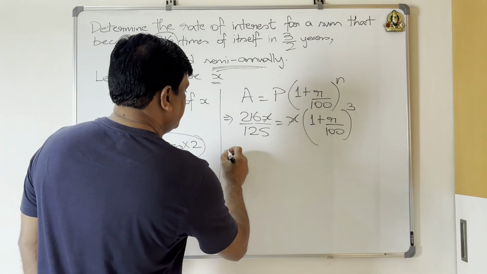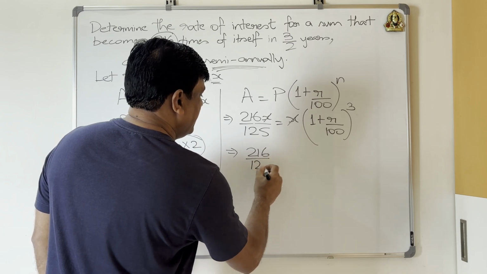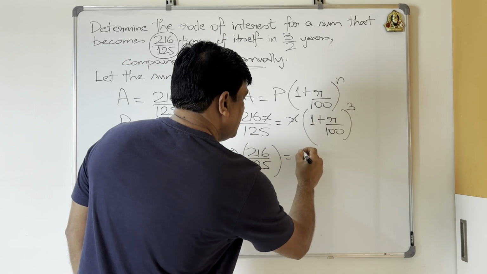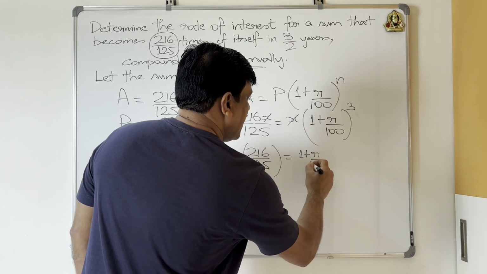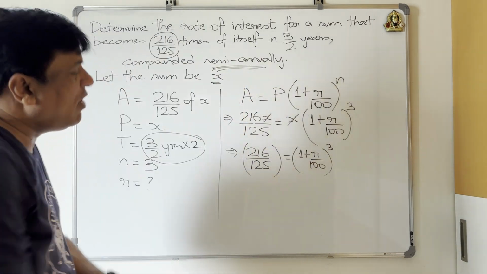Now this becomes 216 divided by 125 on the left side, and 1 plus R by 100 whole to the power 3. Now how are you going to solve this?